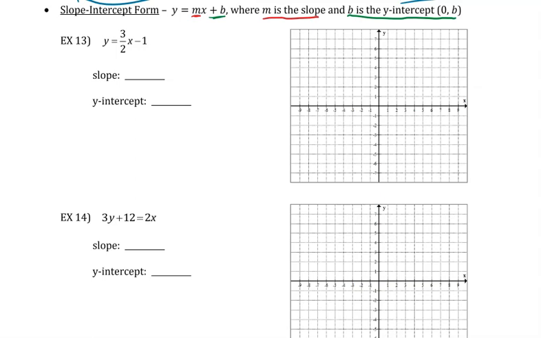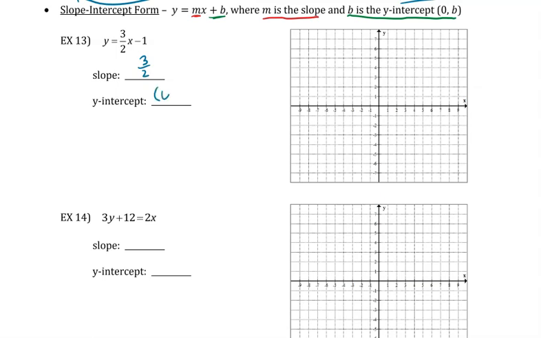Okay, so here's how that's going to work. For number 13, first off, it's already in the form we want, so that is perfect. We don't have to do any extra work there. So we can read off the slope and the y-intercept. The slope is 3/2 because it's the number with x.